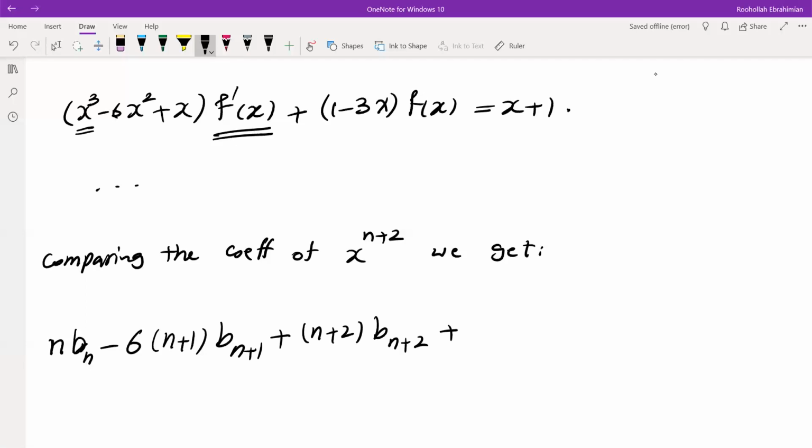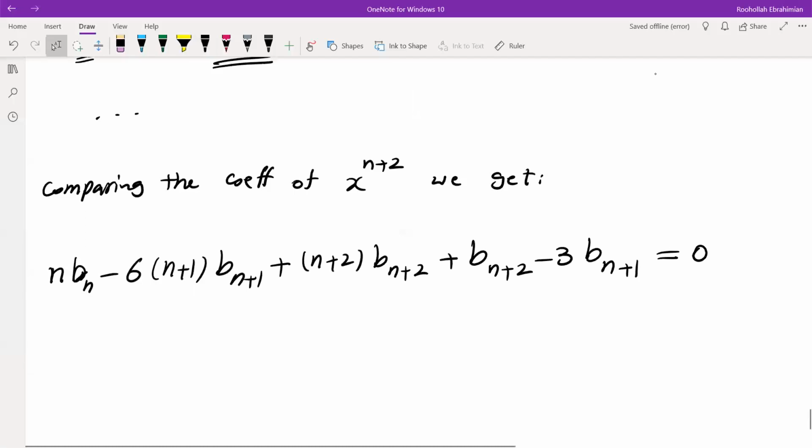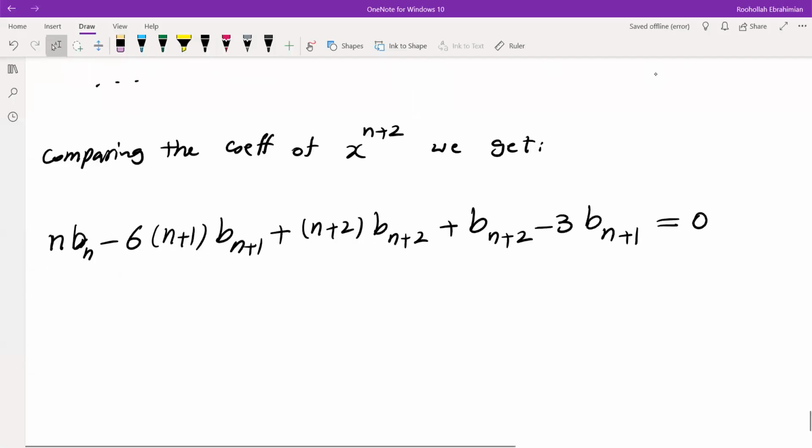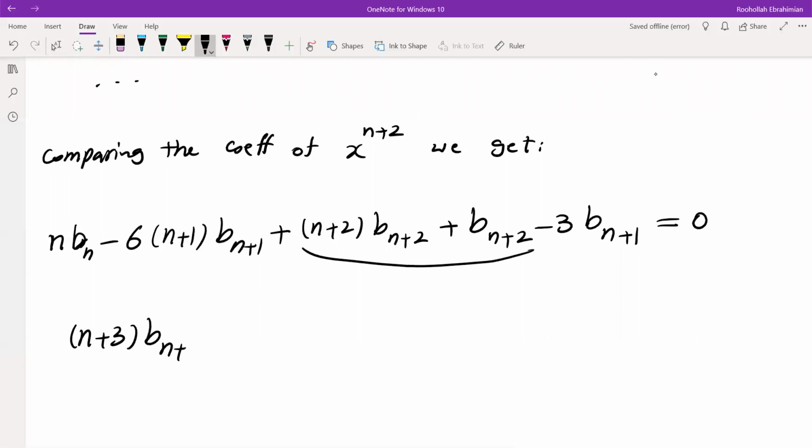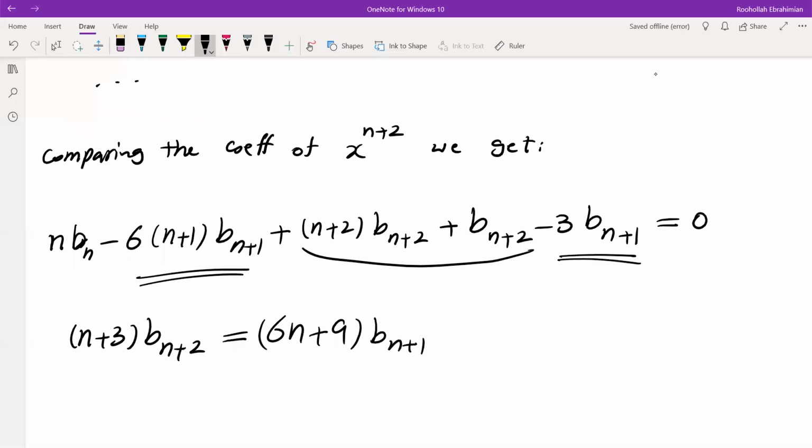Plus, then you look at bn plus 2 for 1, then minus 3, and then bn plus 1, and that equals 0. So we're going to simplify this and see what we get. These two give us n plus 3 bn plus 2, that equals, these two give us 6n plus 9 bn plus 1, and finally the last term is nbn.